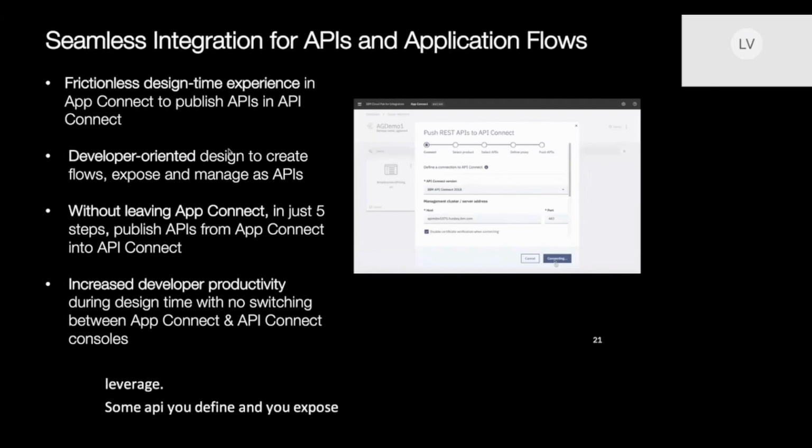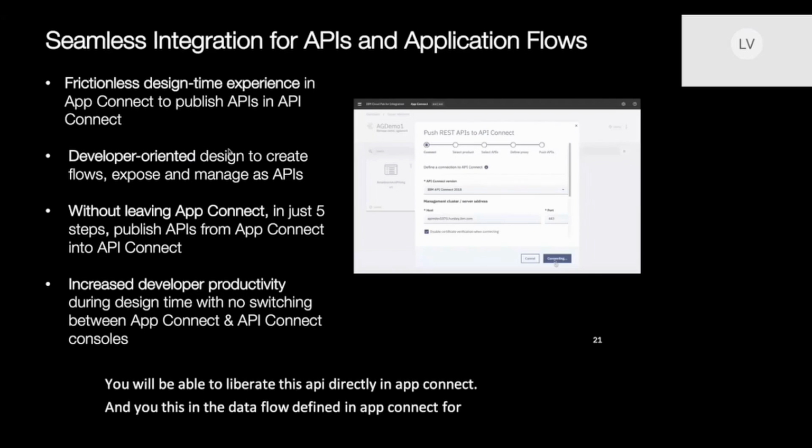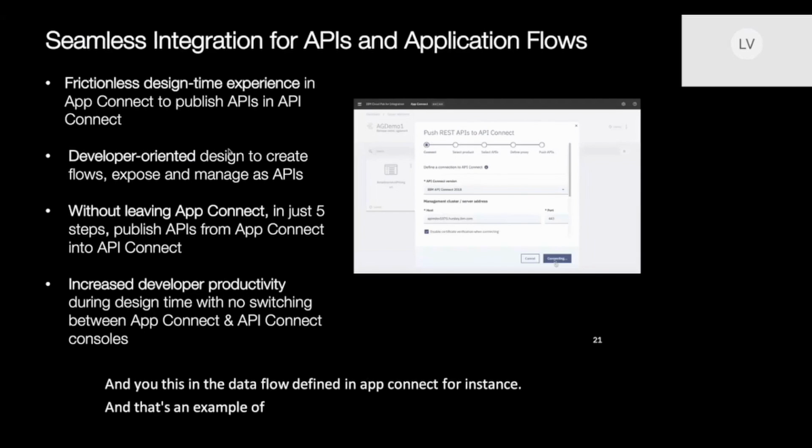You will be able to leverage this API directly in App Connect and use it in the data flow defined in App Connect, for instance. That's an example of frictionless integration, but you will see some of them in a few seconds.